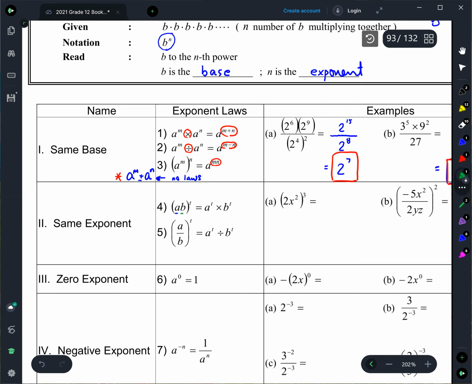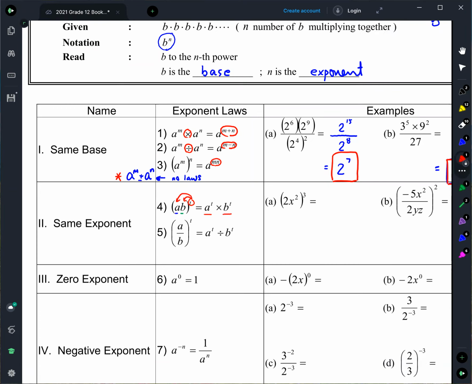Then you can split it, share in the exponents to each of the items inside, okay? So you get A to the T, B to the T. So we call this rule the same exponent group. But make sure inside the brackets you have more than one, right? Same with dividing, okay? So the law is only for multiply and divide, okay?